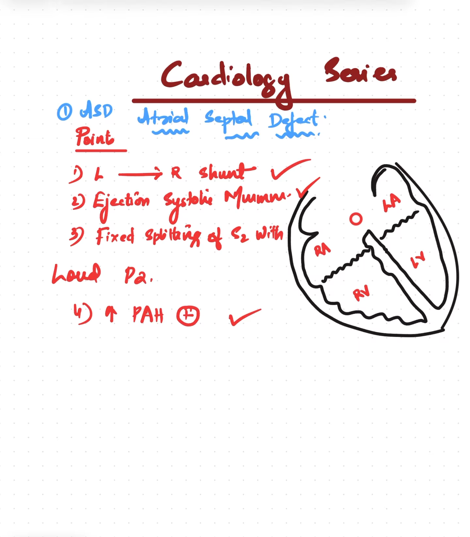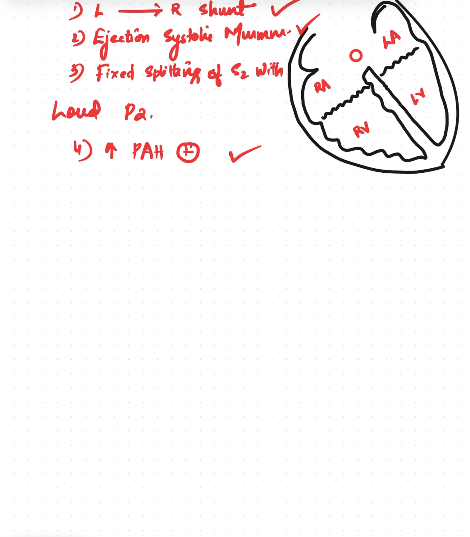Next thing, fixed splitting of S2 and loud P2. This is an important factor which I need to explain more. We have two heart sounds, S1 and S2, the normal heart sounds, right?